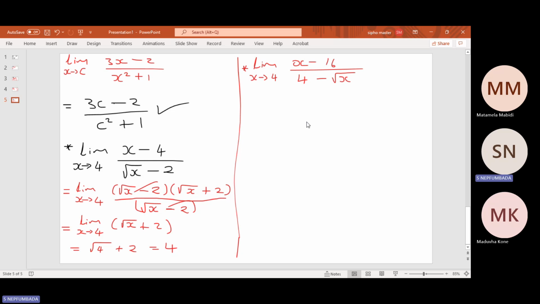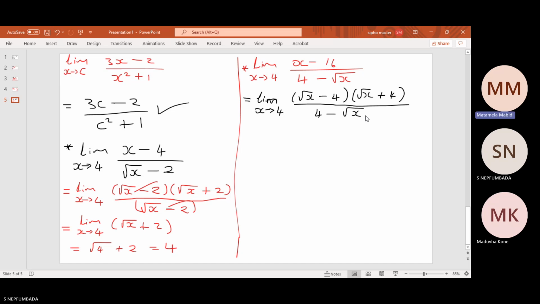Okay. This is nothing but going to be equal to the limit of x approaching 4 of square root of x minus 4 times square root of x plus 4 divided by 4 minus square root of x. Is that so? Yes.